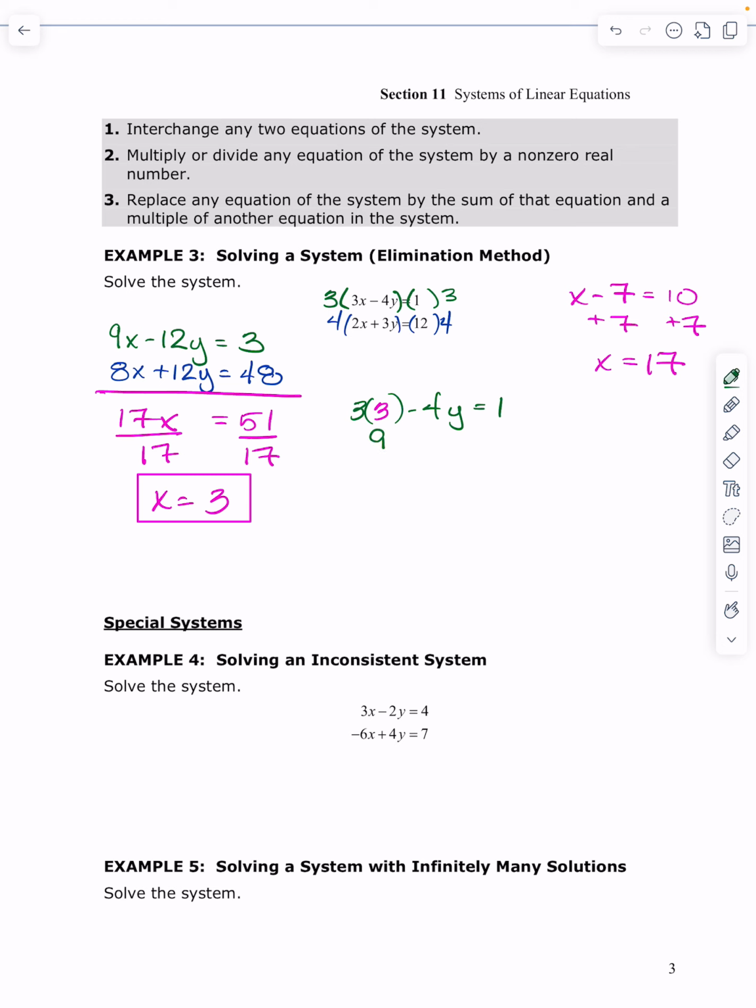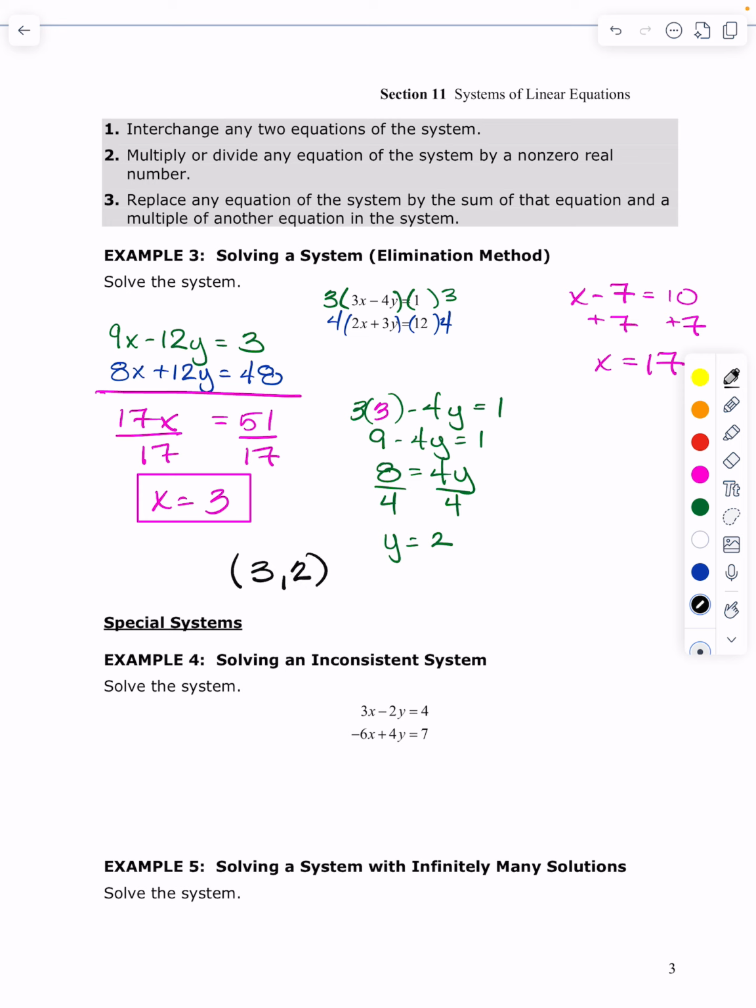So I plug my 3 in for x, I get 9 minus 4y equals 1. I'm going to go ahead and subtract 1 and add the 4y. And I get y equals 2. So my solution should be the ordered pair 3, 2, when x is 3, y is 2.